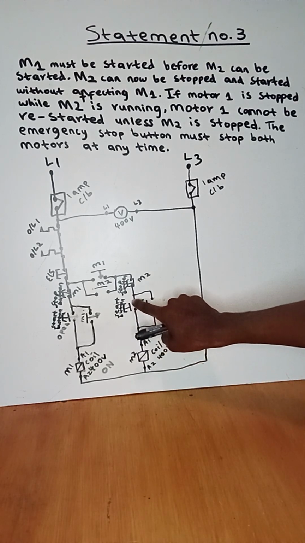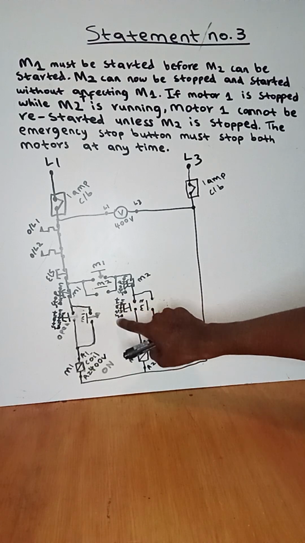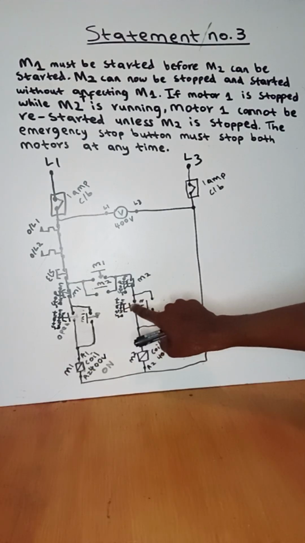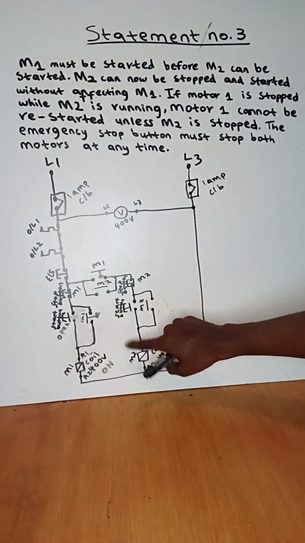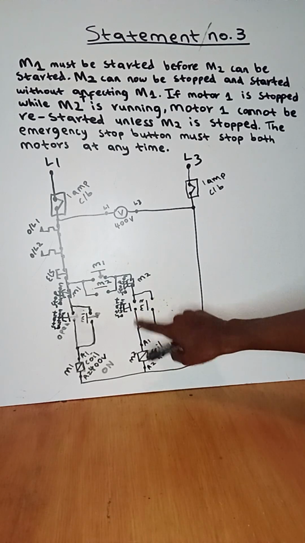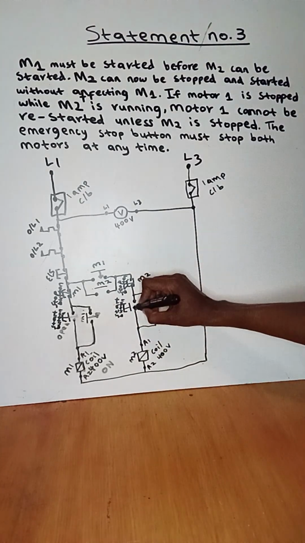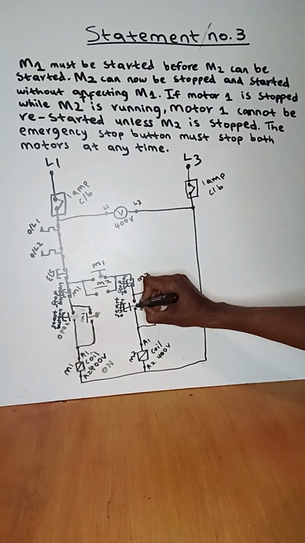So when it's trapped here before the start button of motor 2, it allows us to press the start button of motor 2, which will create a normally closed contact.